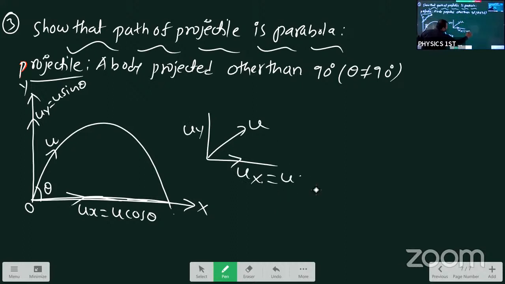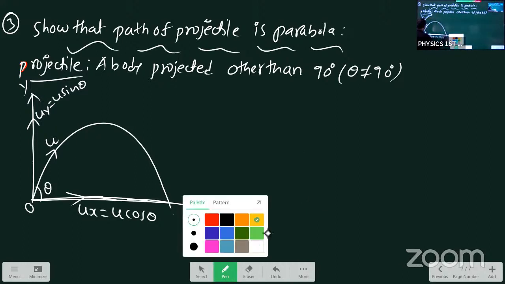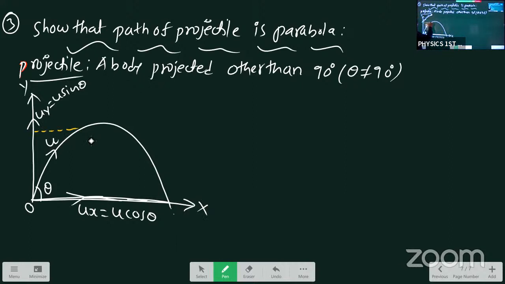X component means cos theta, Y component means sin theta. What is the topic here? Vector resolution. A vector divided into two different components: x cos theta, y sin theta. Now here u is the initial velocity, students. Then again I am writing with dotted points like this.